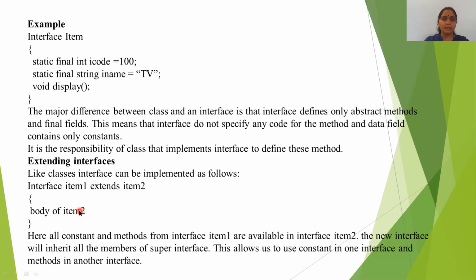By mistake I wrote item 2 here, but it is item 1, body of item 1. Here all constants and methods from interface item 2 are available in the interface item 1, and we inherit all the members of the super interface. Very similar to inheritance, it inherits all the methods and properties, the variables of the super interface, into the sub interface.